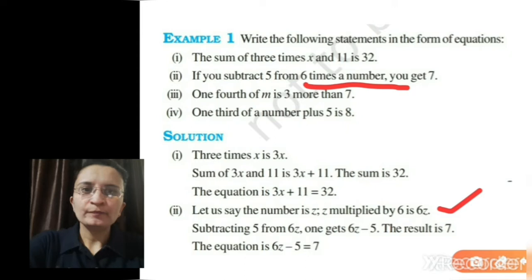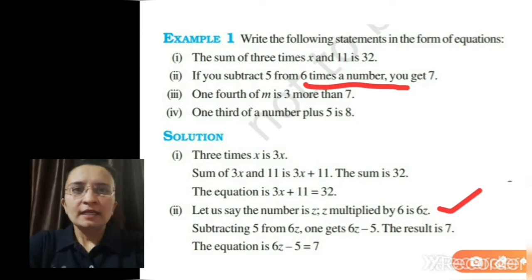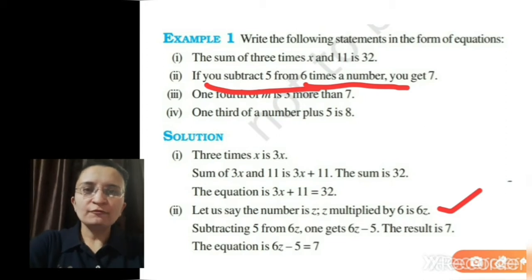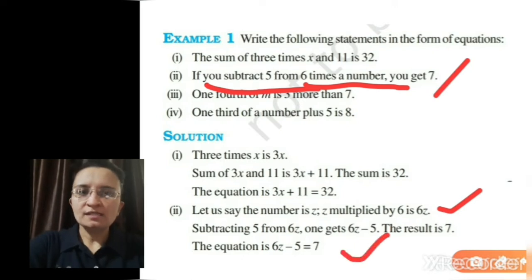Then take this part. If you subtract 5 from 6 times a number, we know 6 times a number is 6z. Now subtracting 5 from 6z, we will get 6z minus 5. And what is the result? 7. So what will be the equation? 6z minus 5 equals to 7.